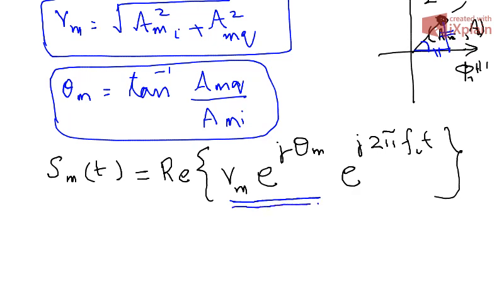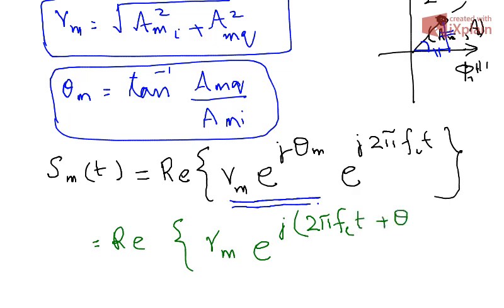Now, what is the significance of this part? If you observe, we can rewrite it as r of m e raised to the power j, 2 pi f c t plus theta m, right?